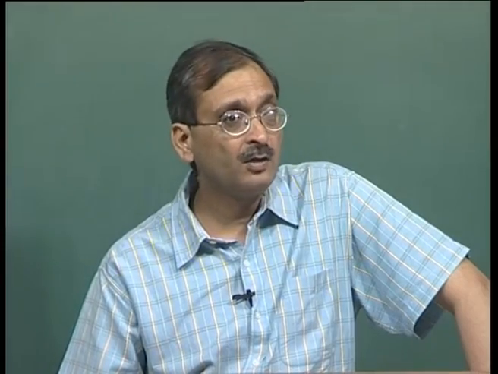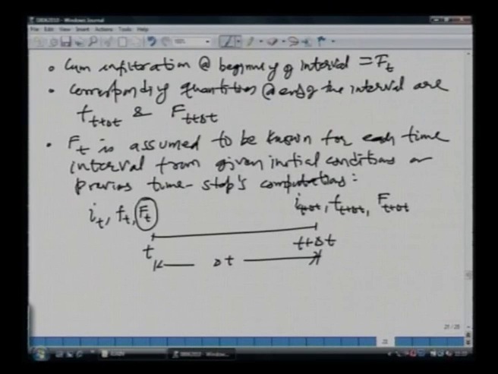There could be 3 possible cases of ponding for which we need to analyze each and every time interval. This is a very important concept, and what I would like to do is look at the 3 possible cases of ponding.